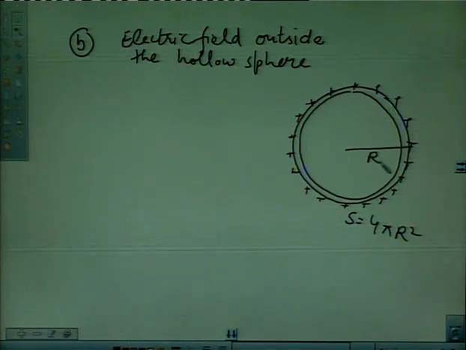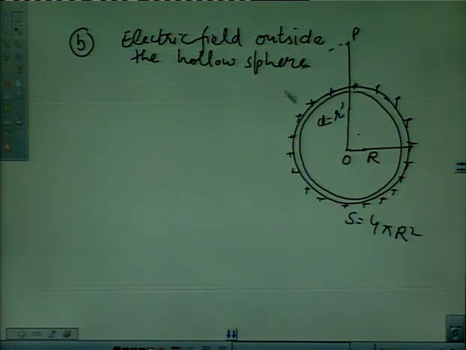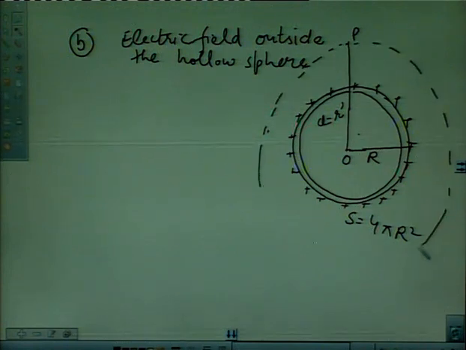So radius is r. Let us take the point P outside the sphere, and it is at a distance d is equal to r dash from the center O. Now we will draw an imaginary Gaussian surface which is including this point P. And we will take a small segment ds.